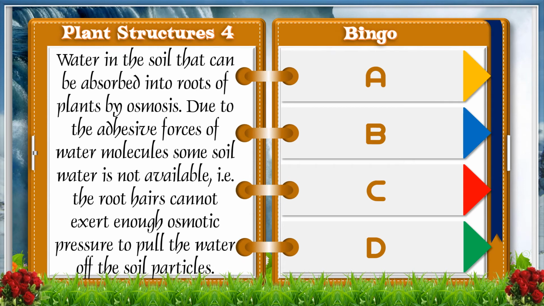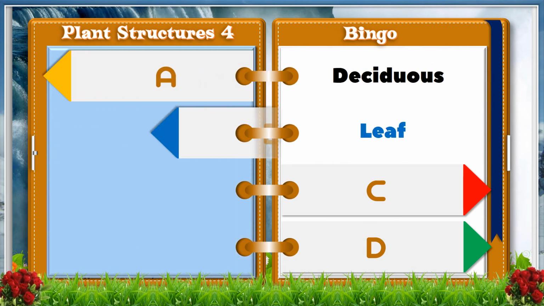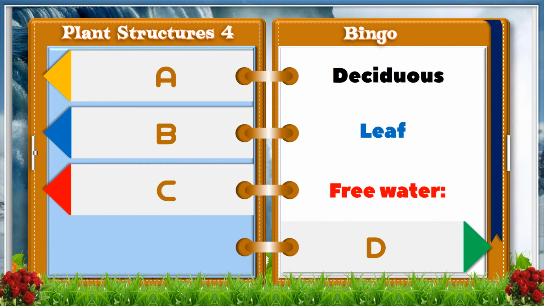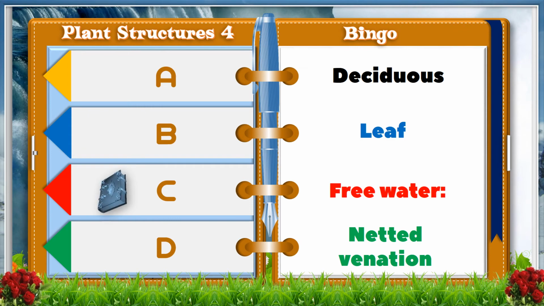A. Deciduous. B. Leaf. C. Free water. D. Netted venation. And the answer is C. Free water.